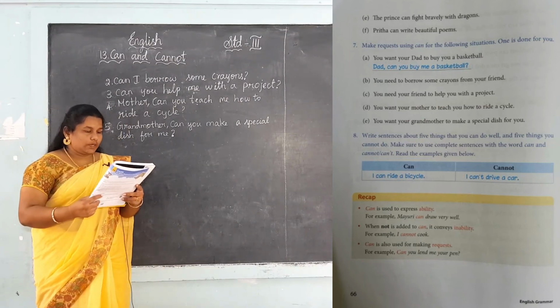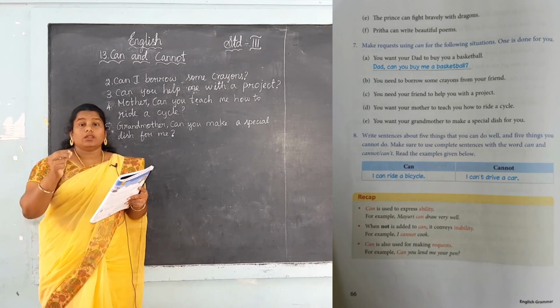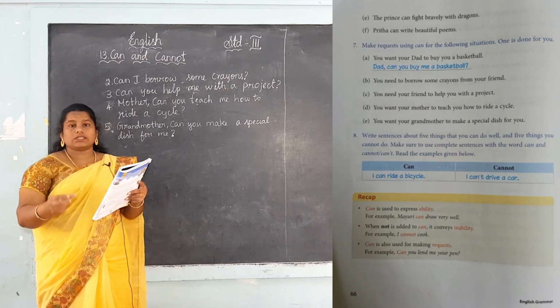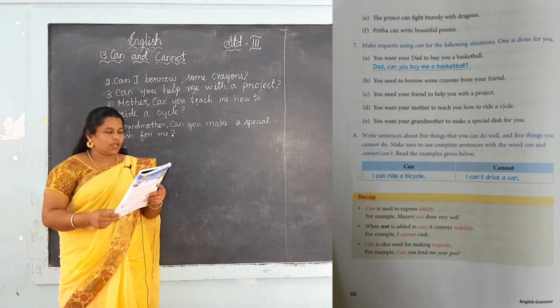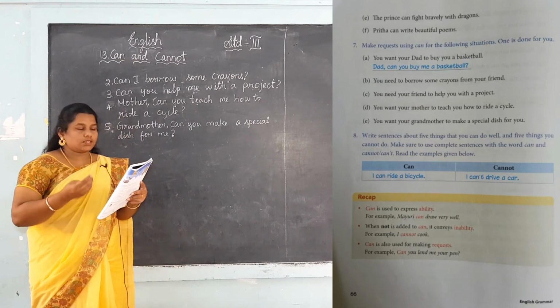You want your dad to buy you a basketball. Dad, after that you put a comma. Can you buy me a basketball? See, asking a question. What is the request? You need to change that sentence into a request. See this line, you want to change this line into a request. Dad, can you buy me a basketball? See, this is a request.